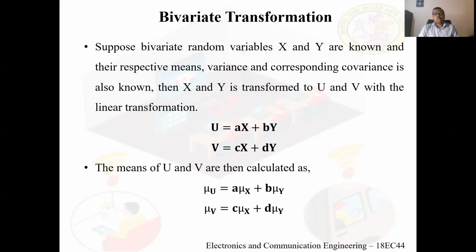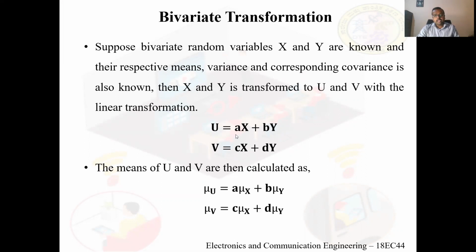Now for these two new random variables u and v, we can find the mean, variance and covariance. Now how do we find the mean first? The means of u and v are calculated as follows. Since this is a linear equation, apply the expectation operator to this equation.